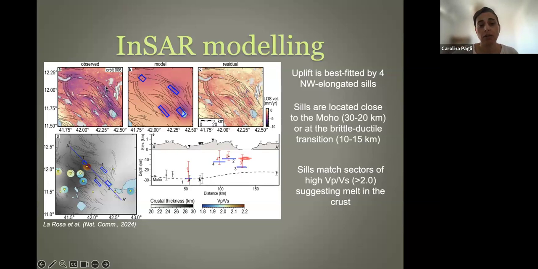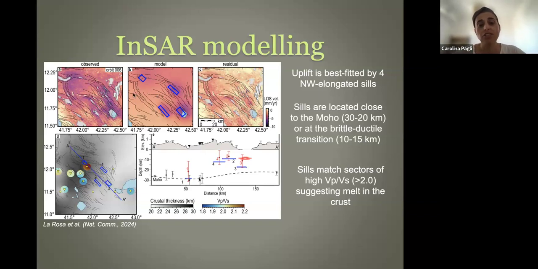And here you see our observation, the best fit model, and the residual. So we think that these 4 different sills can all explain the deformation. They are all oriented in the same direction, which corresponds also to the structure of the Graben. So we think there's quite a good agreement between structural evidence and the sills.